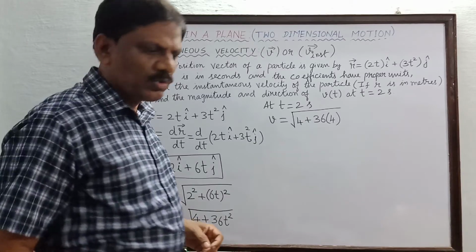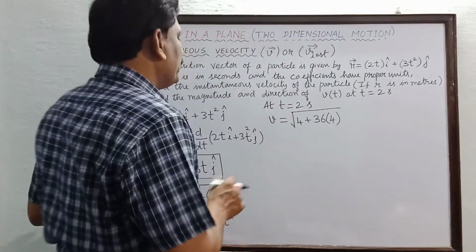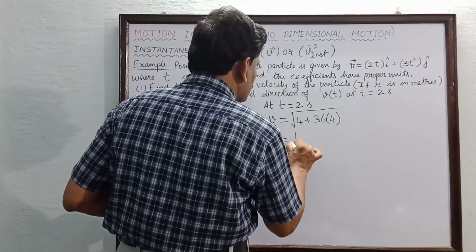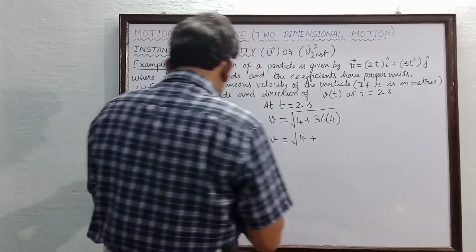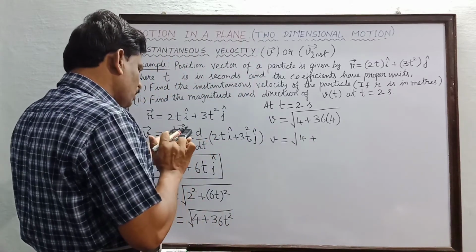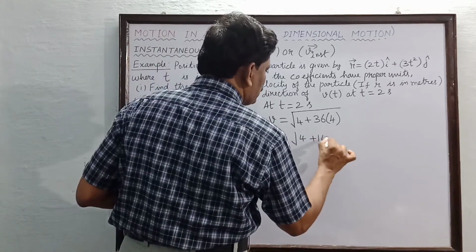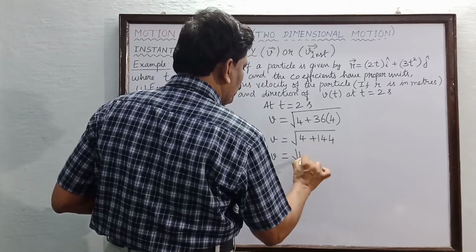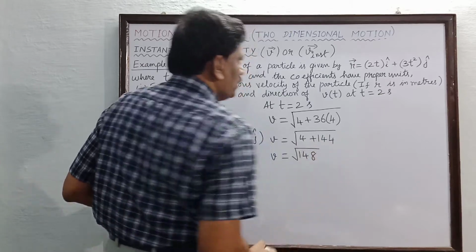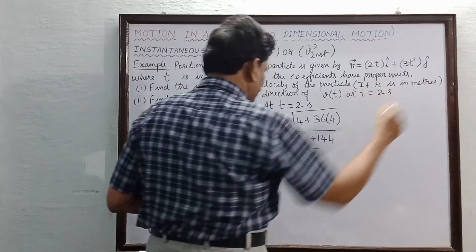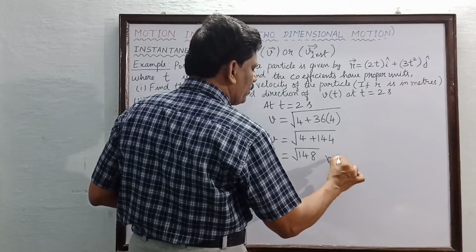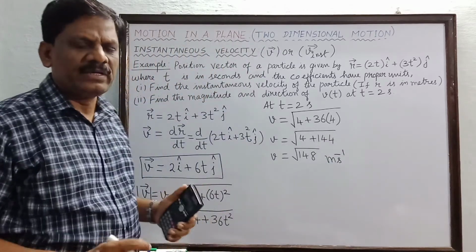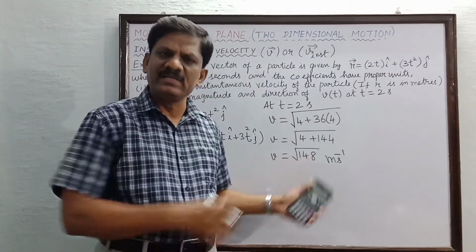So v is equal to the square root of 4 plus 36 into 4. 36 into 4 is equal to 144, so v is equal to the square root of 148. Since t is in seconds and r is in meters, v equals root 148 meter per second. If you want, you can find the square root of 148; otherwise we can leave it as it is.